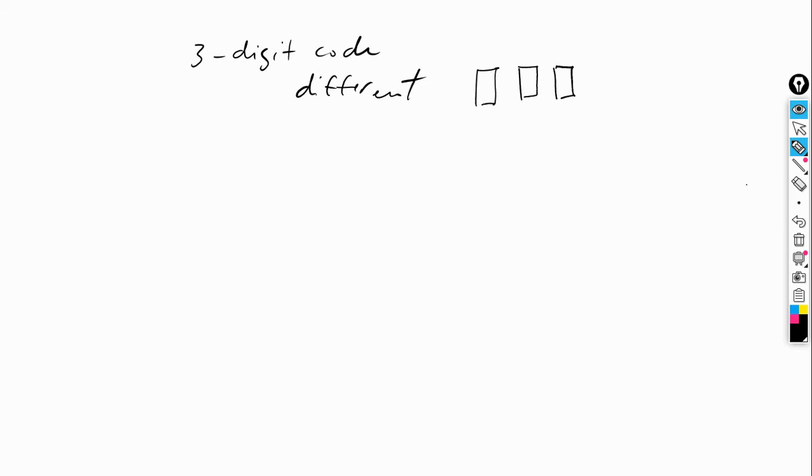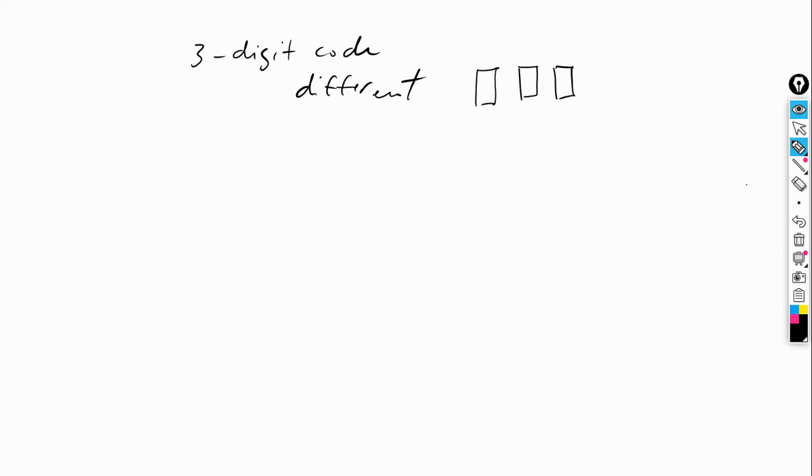Suppose they ask you for a 3-digit code, and the 3 digits must be different. So that means that we would have 3 positions to fill in. And because it's a code, it can start with 0, no problem, right?